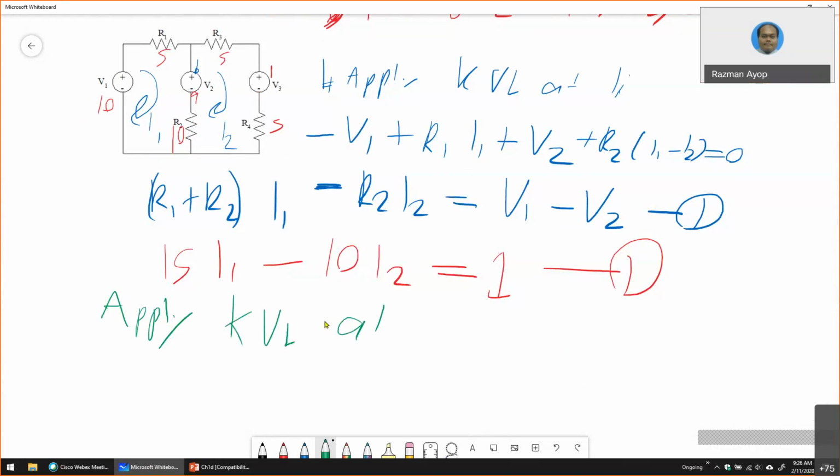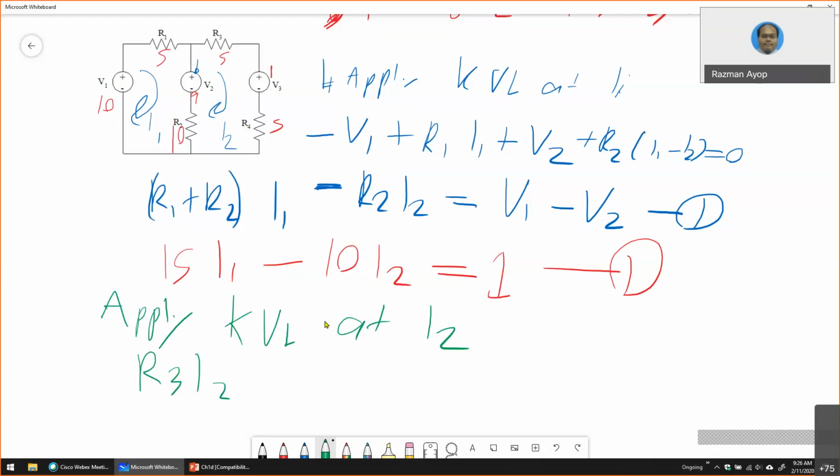KVL at I2. So when you apply KVL at I2, start with the top first. You can start either way, you get the same answer.